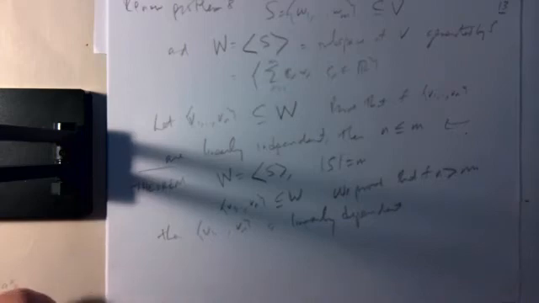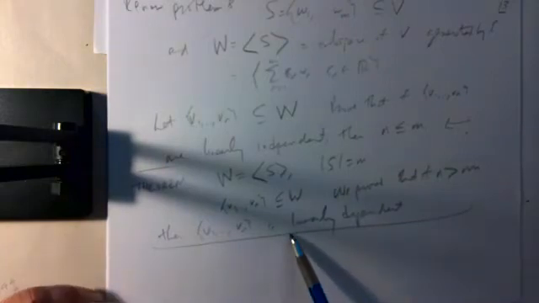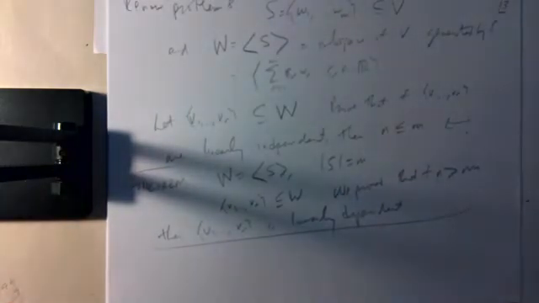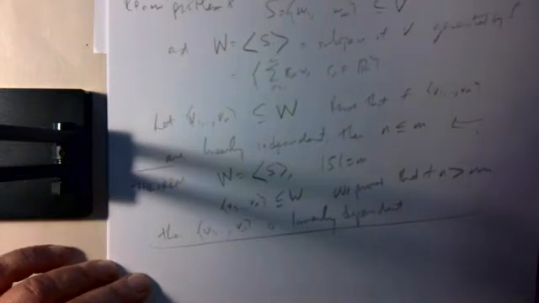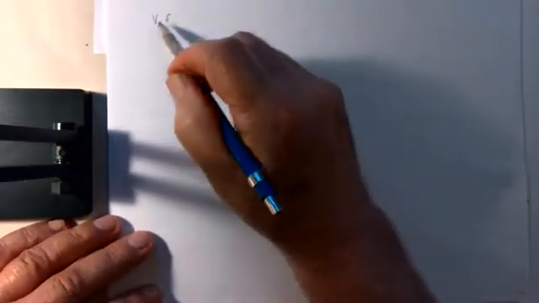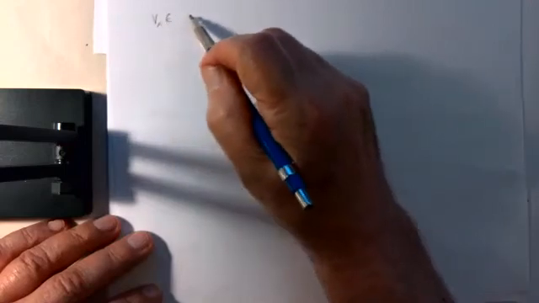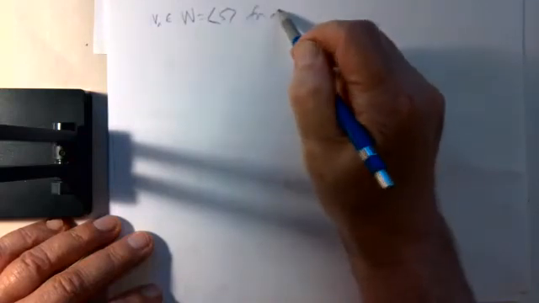So what we're asking for is a proof of this result. That's how I proved it in the notes, for example. And the way we proved it in the notes was as follows. So we have Vi is in this set W spanned by S for i going from 1 up to n.